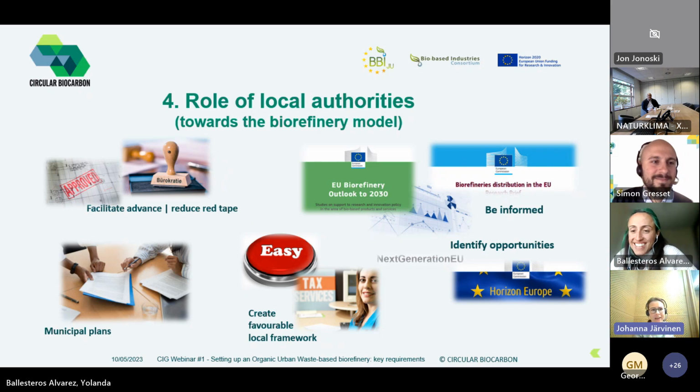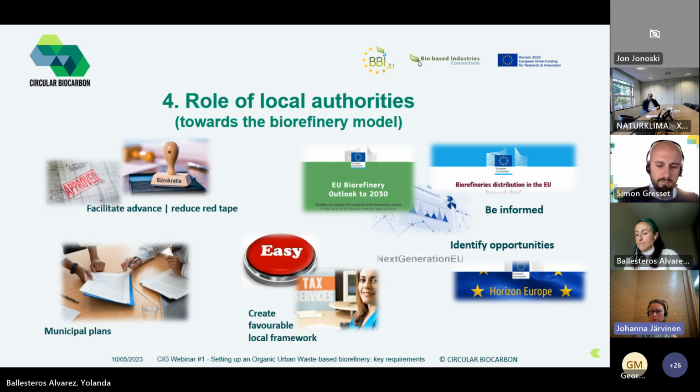Hello, Johanna from Mikkeli again, Finland. In City Loops, in the project I'm working in, we have worked with the local authorities, being also kind of a base client. So it's to do with the procurement of the municipality. As Panu said, we have the biofuel production for the cars.